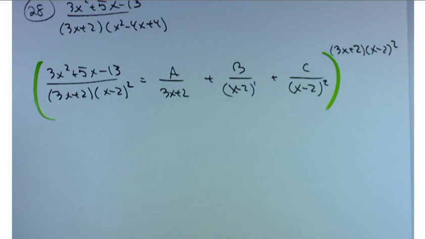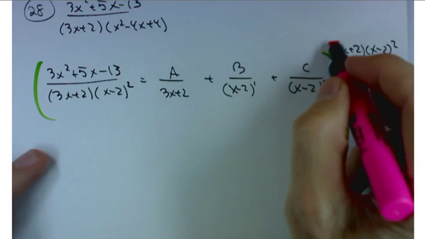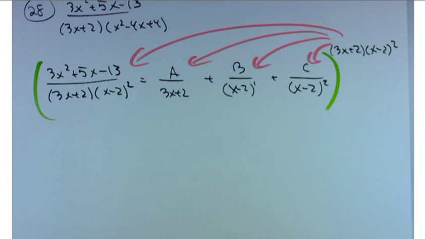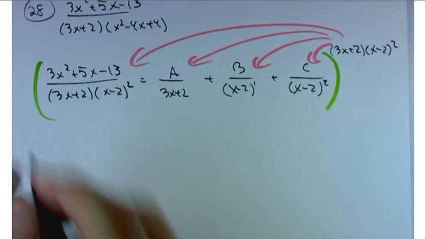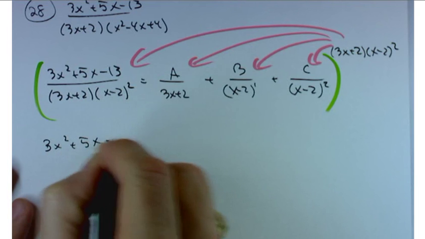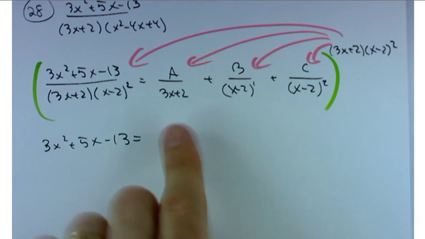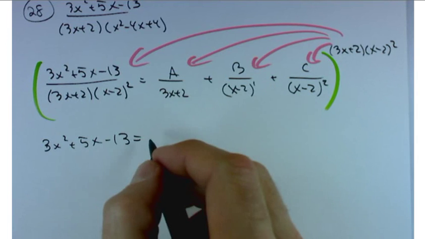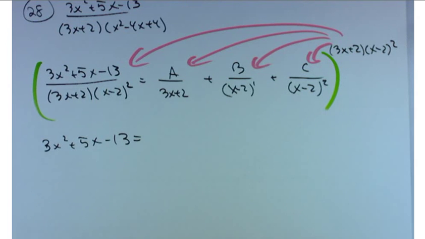So I need to distribute that to all four terms here. Now on the left-hand side, when I distribute that, I'll end up with 3x squared plus 5x minus 13. On the right-hand side, someone help me out with the right-hand side. Sydney, give that one a shot.